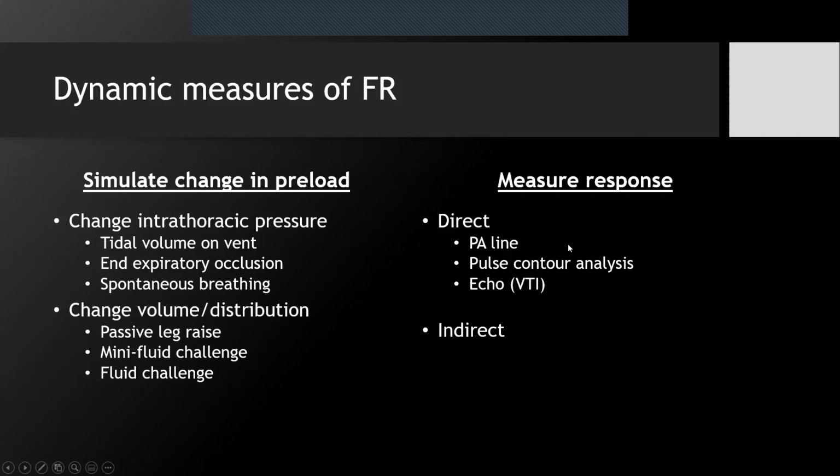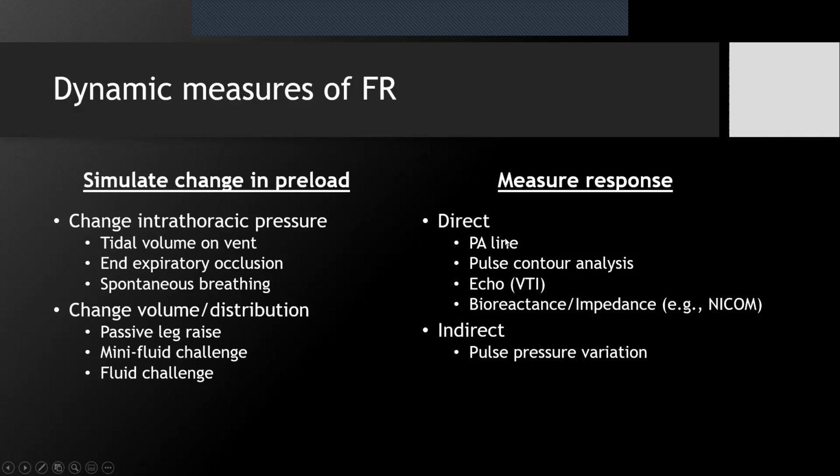Then you can use echo using the VTI method to directly measure cardiac output, which we've talked about in the past. And then there are also bioreactance or impedance devices like the NICOM, which some of us have used. These are all methods to spit out an actual cardiac output. So you can potentially use these to measure before and after any of these simulated changes in preload and see if they change your cardiac output.